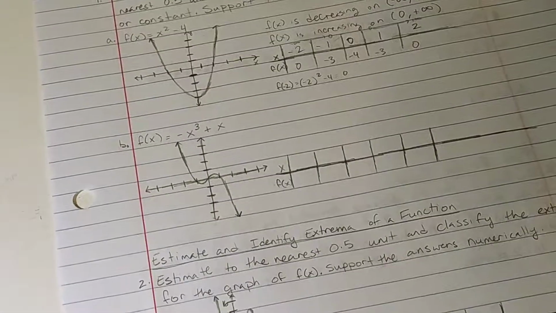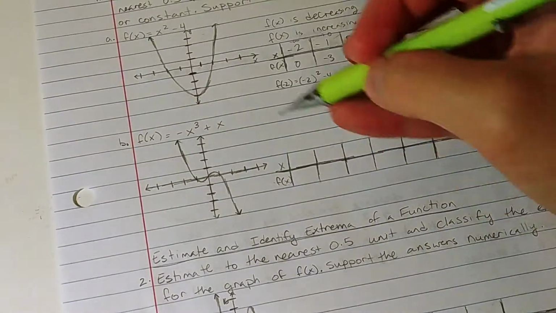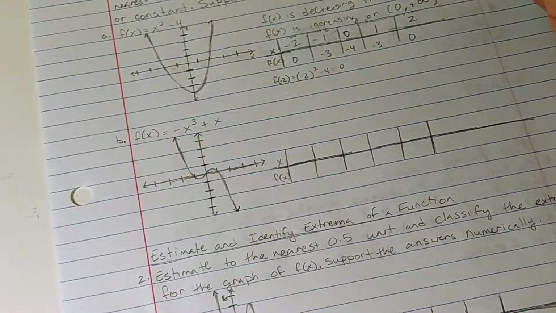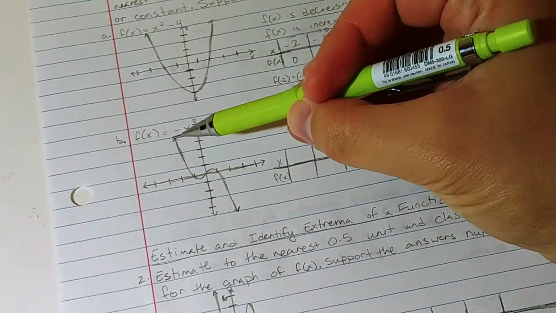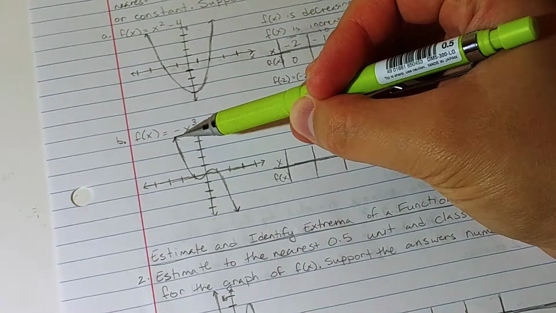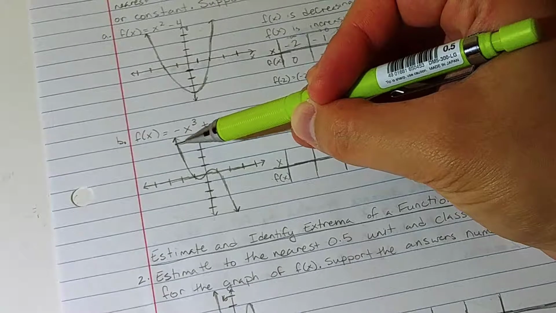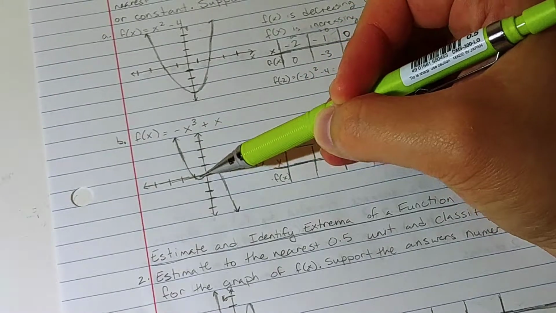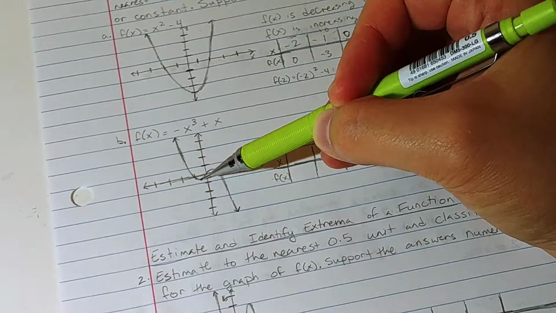Alright, and the next one, we have f of x equals negative x cubed plus x. So we want to find where it's increasing and decreasing. So again, we're going to start at the very left of the graph, and then just trace the graph with our pencil. And what's it doing? It's going down. And looks like it goes down till there.